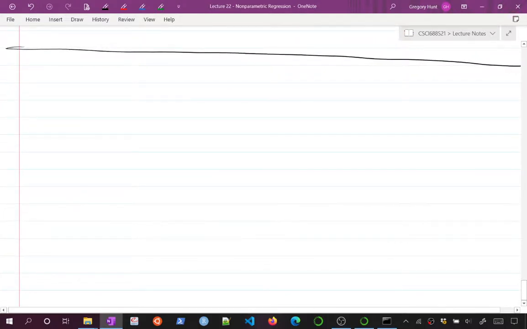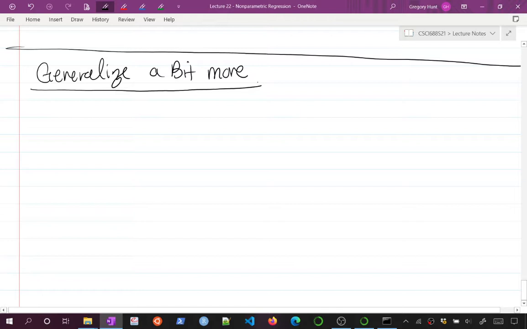Now we can generalize this even more into what's called local polynomial regression. So let's generalize a bit more.